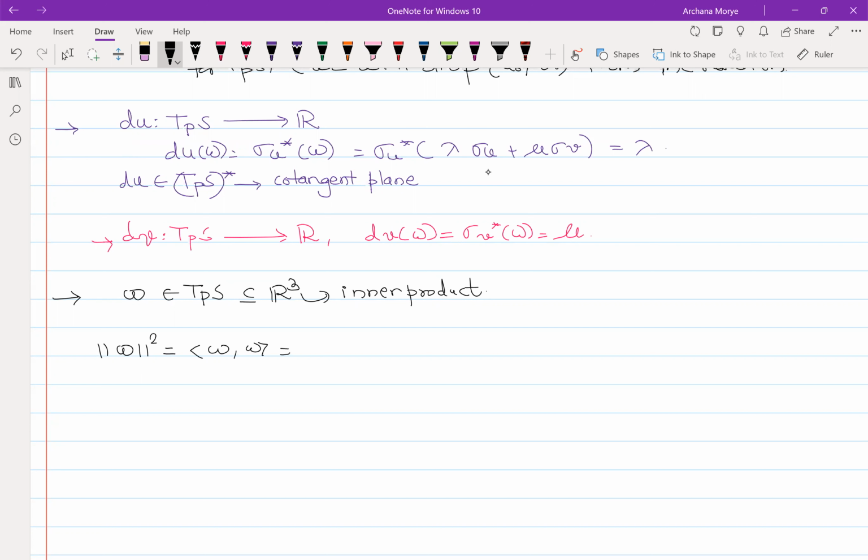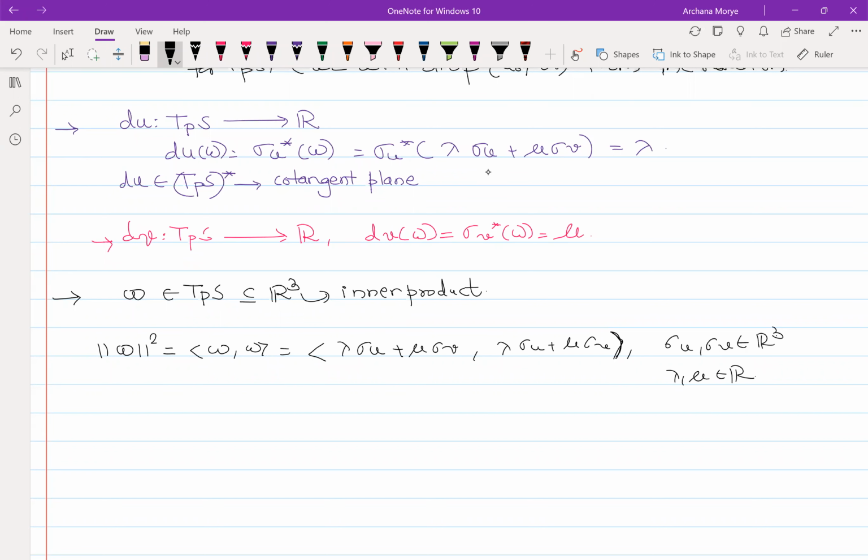But what is W? W is lambda times sigma u plus mu times sigma v. Here, what are these sigma u and sigma v? They are vectors. And lambda and mu are scalars in R. And what do we know about the inner product? Inner product is bilinear, right?